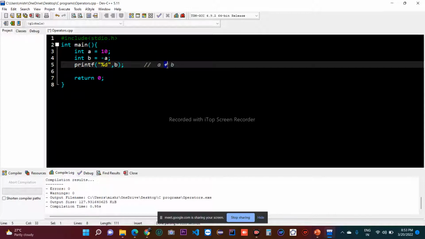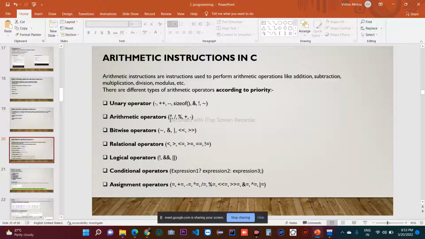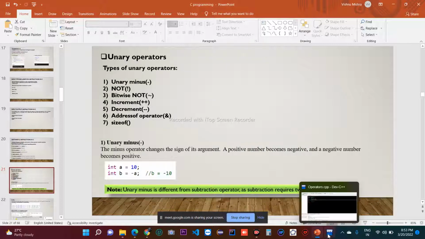So this plus operator requires two operands to work on. This is why plus is not a unary operator. It comes under arithmetic operators. But unary operators need only one operand to work on.